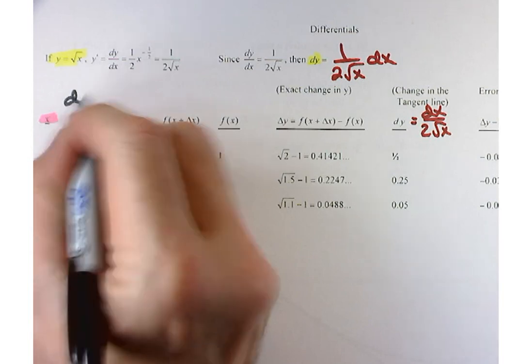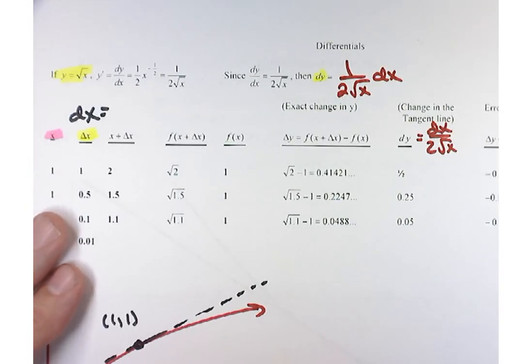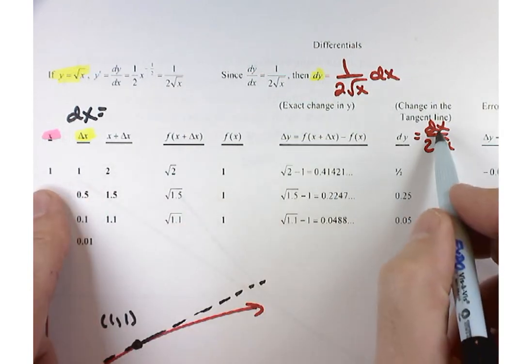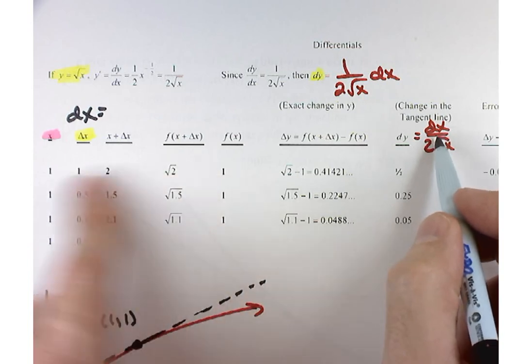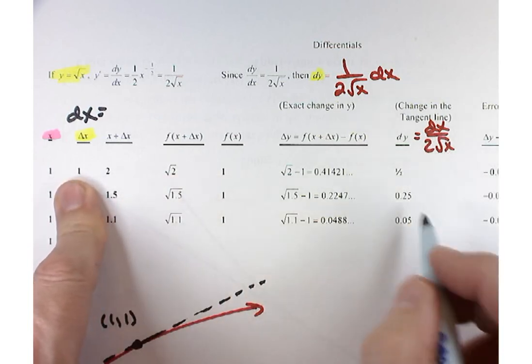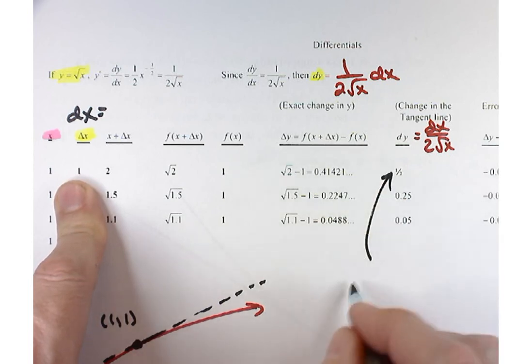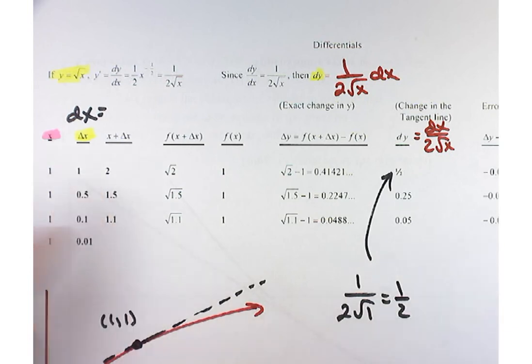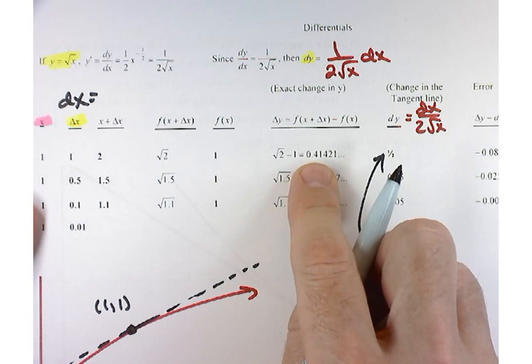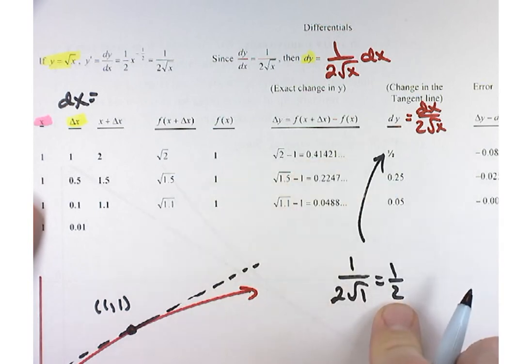So this is dx equals delta x. Those are interchangeable. If I put those things in, I'll end up with 1 for delta x over 2 times the square root of 1. 1 over 2 times the square root of 1 is 1/2.